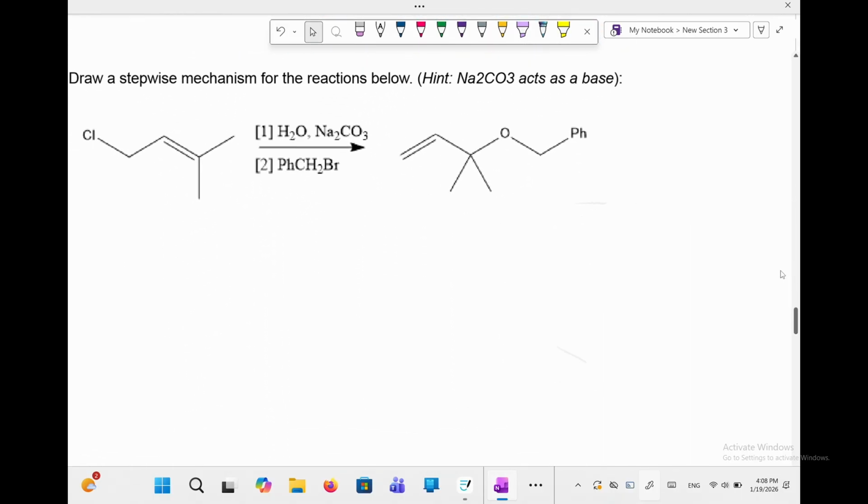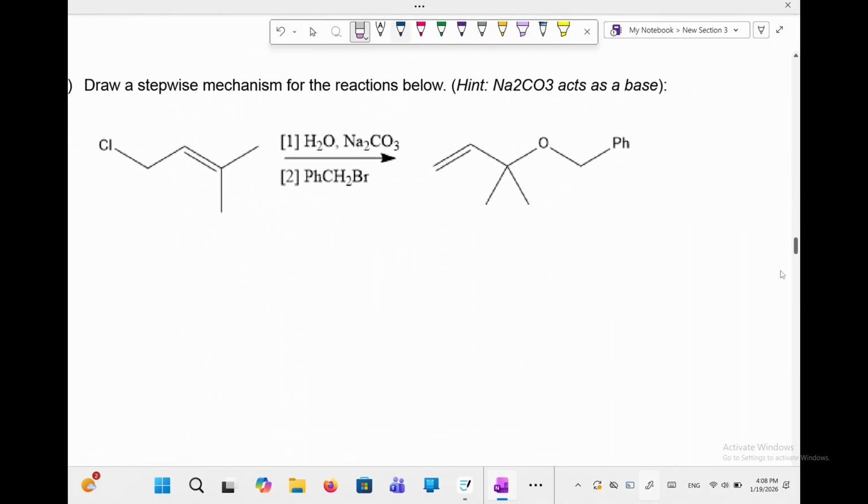This one is pretty tricky, okay? But let's walk through it. We have an alkyl halide here, and I know that chlorine, as far as we've talked about it, acts as a good leaving group.